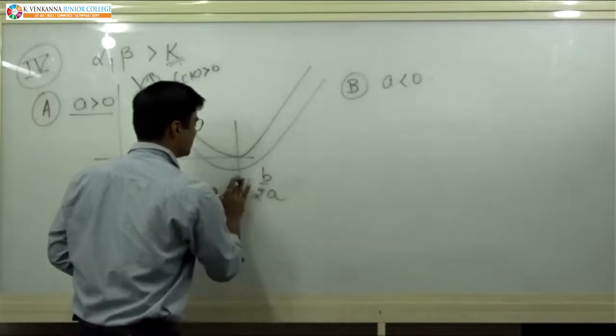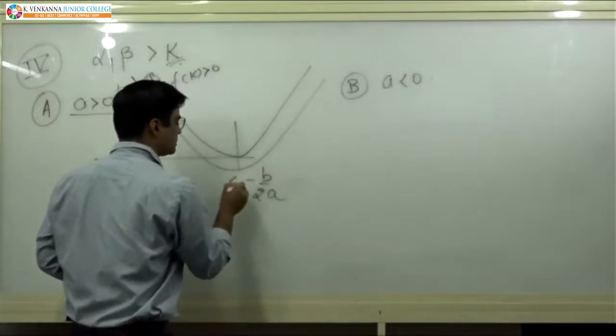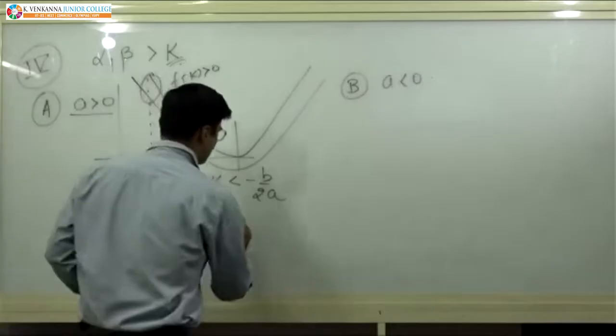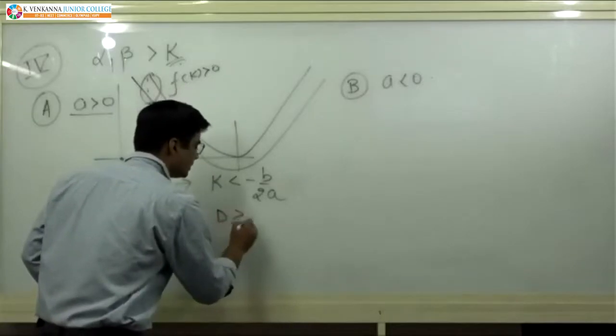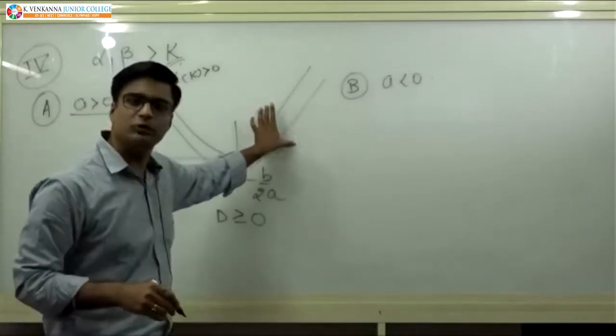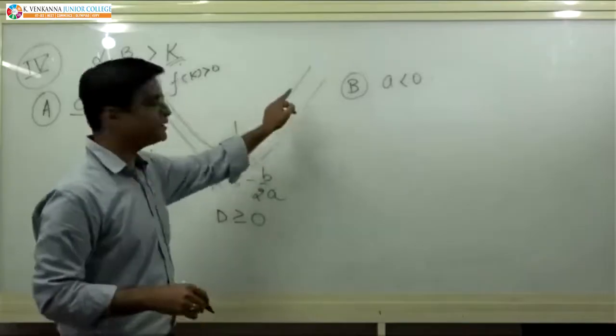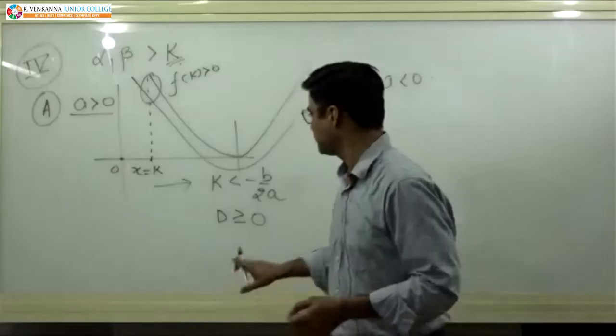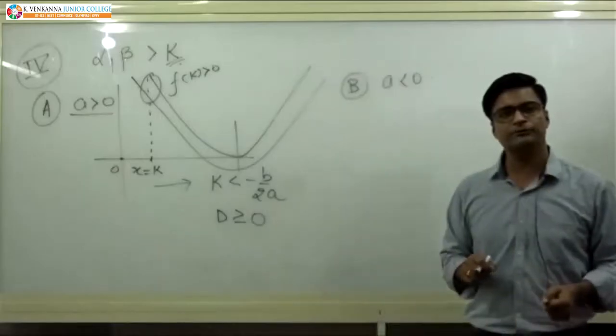You can say directly like this: minus b by 2a must be greater than k, and your discriminant must be greater than equal to 0. We can accept both these conditions, whether it is touching the x-axis or intersecting the x-axis, both are acceptable. So discriminant must be greater than equal to 0.